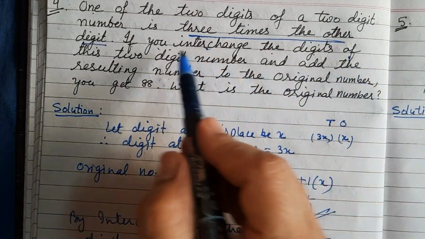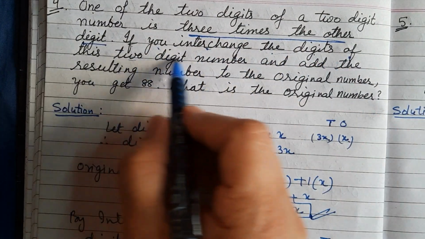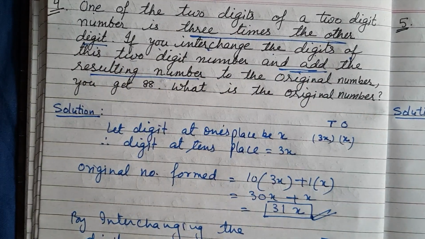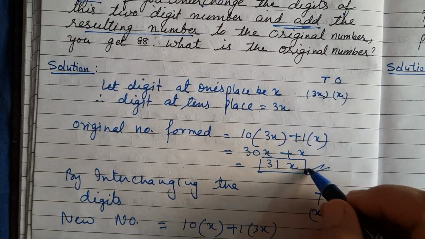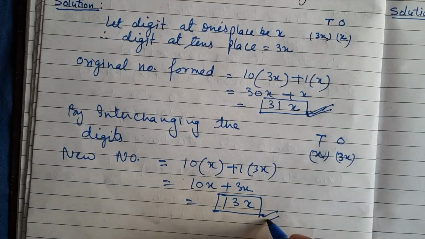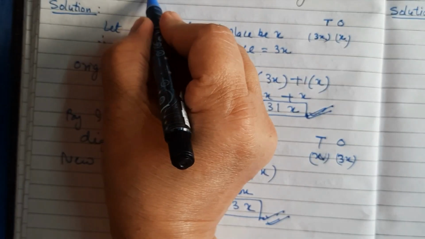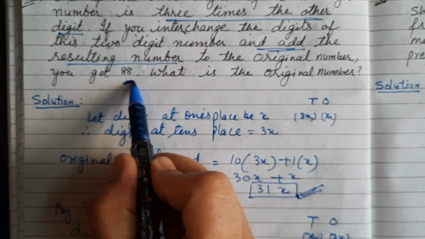Again read the question. When we interchange the digits and add to the resulting number, it means original number added to new number, the result is you get 88.